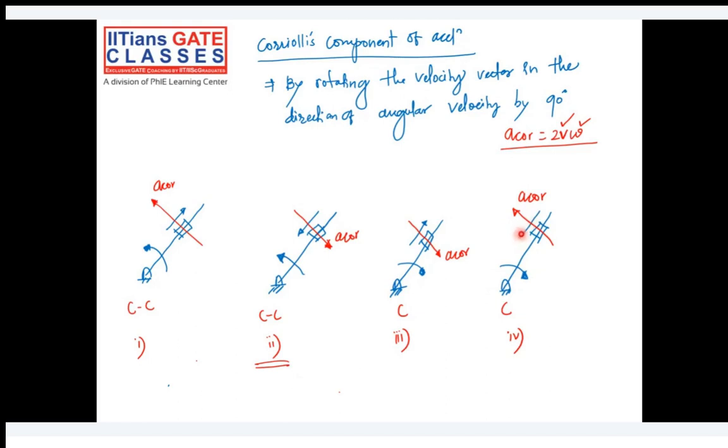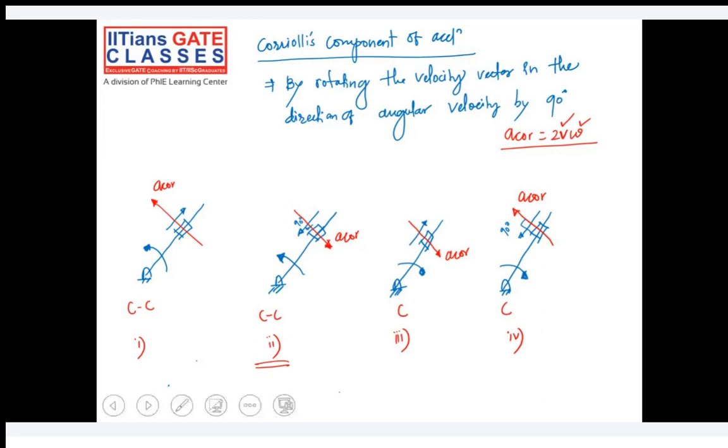That's why I'm rotating this clockwise here. So if you rotate this velocity vector by 90 degrees clockwise, you will get the Coriolis component of the acceleration. Here also you have rotated by 90 degrees, but it is counterclockwise. That is the only difference.